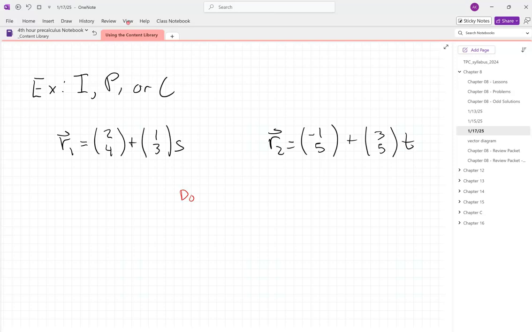So I ask myself, do they have the same slope? So that was basically, is V1 times k equal to V2? So again, this is my R01, this is my V1, my R02, this is my V2.